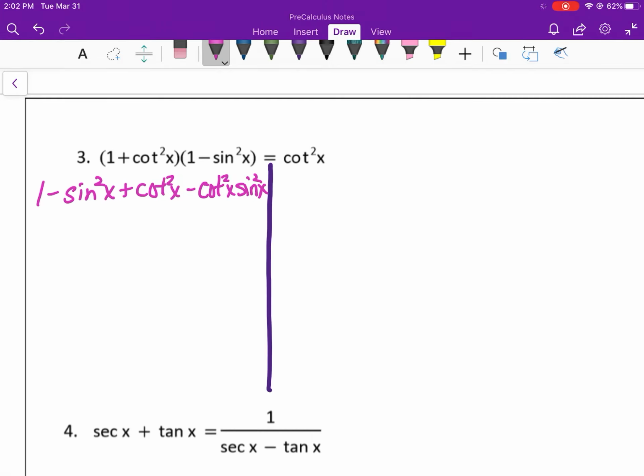Okay. This first part, 1 minus sine squared x plus cotangent squared x, it just doesn't look like I can do much with it. So I'm going to leave that be for now. This cotangent squared x, sine squared x, I'm going to switch that all to sines and cosines.